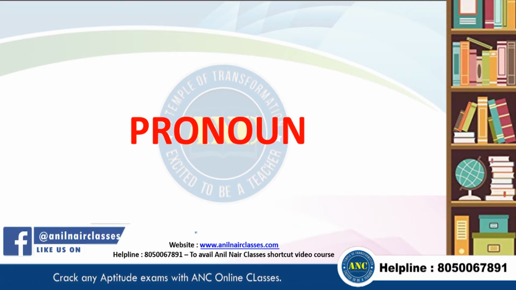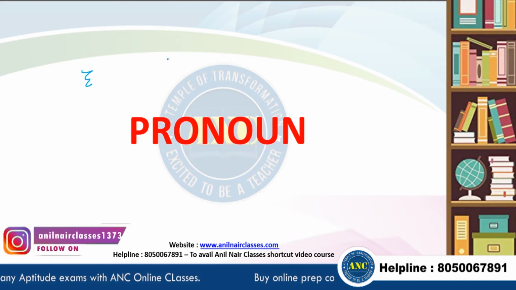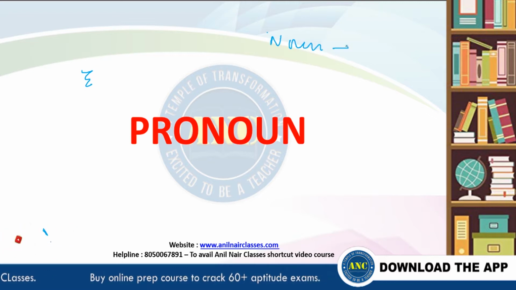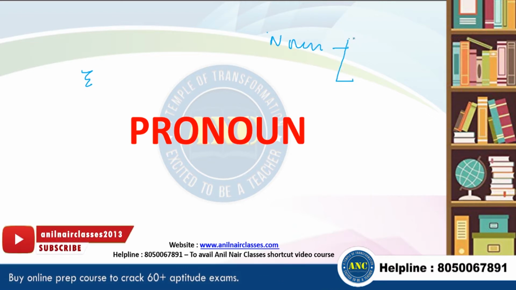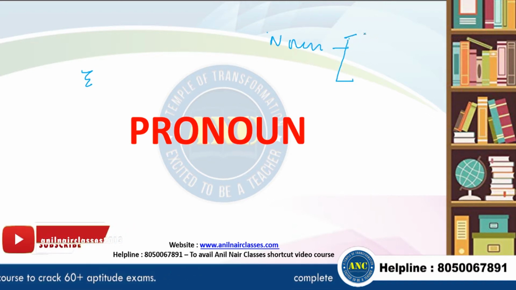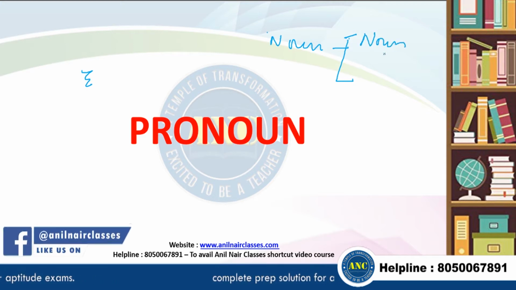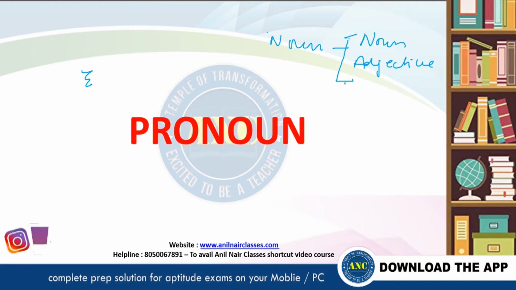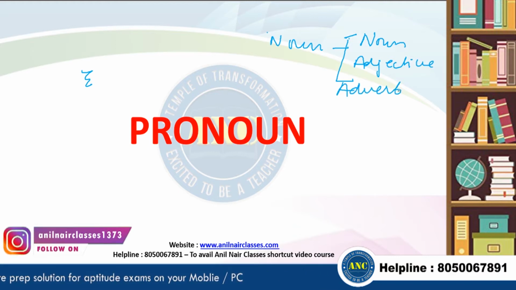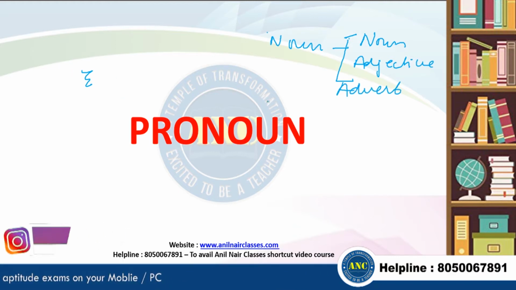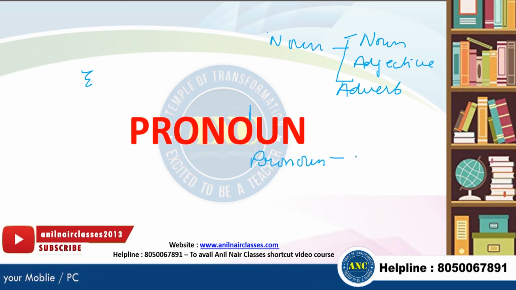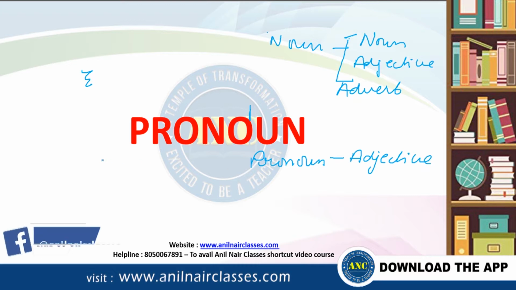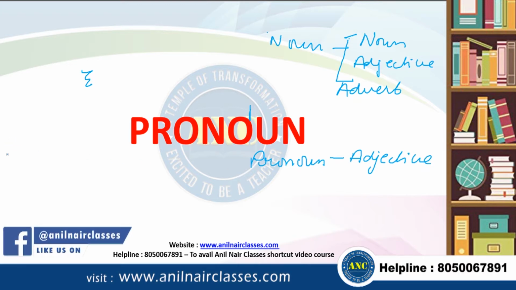Pronouns. When we talk about pronouns, we discussed in nouns itself that a noun can function as three different things. A noun can function as the noun itself. It can also function as an adjective, or it can function as an adverb, right? Similarly, pronouns can also function as adjectives.